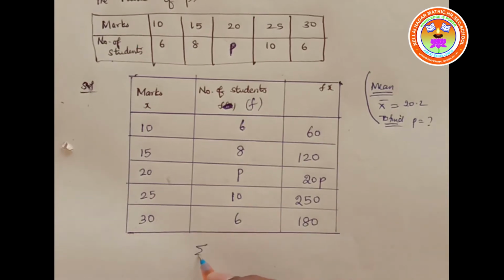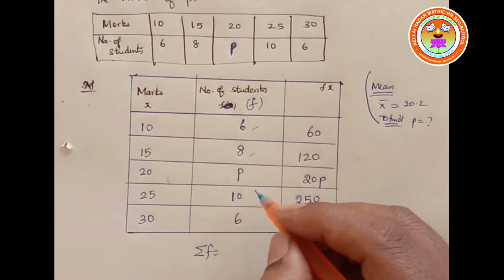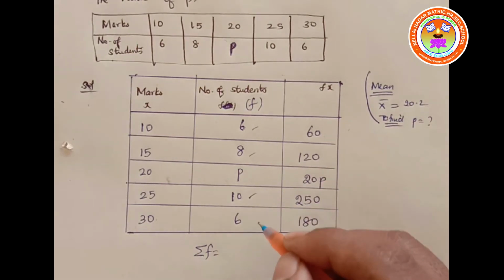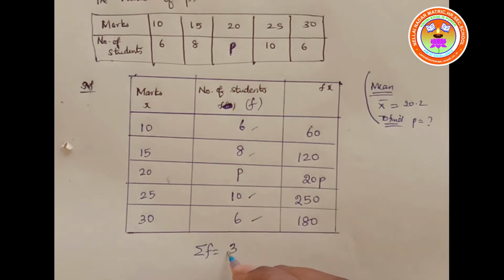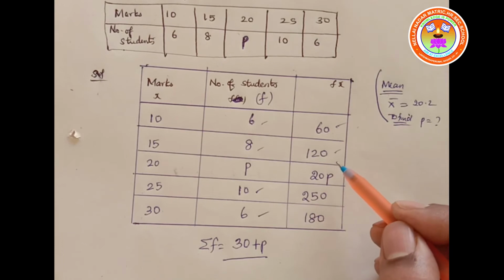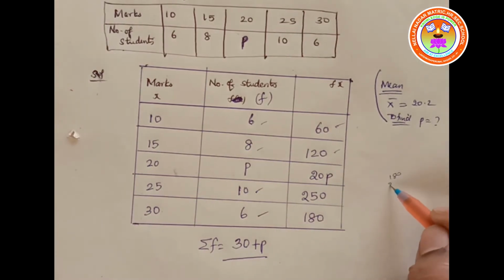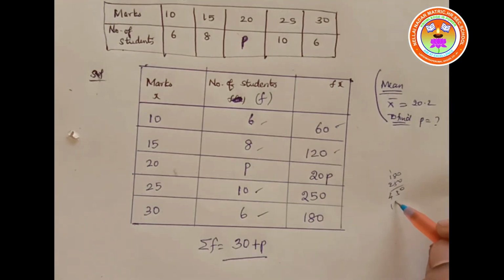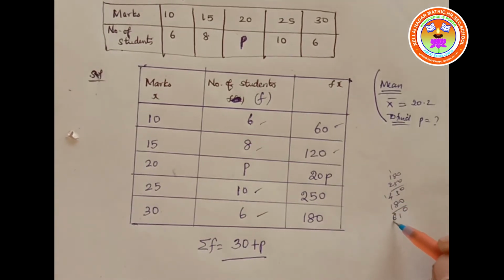When you add, sum of f is equal to 6 plus 8, 14, 14 plus 10, 24, 24 plus 6, 30, 30 plus P. And on the other side, 60 plus 120 is 180, 180 plus 250 is 430, 430 plus 180 is 610.